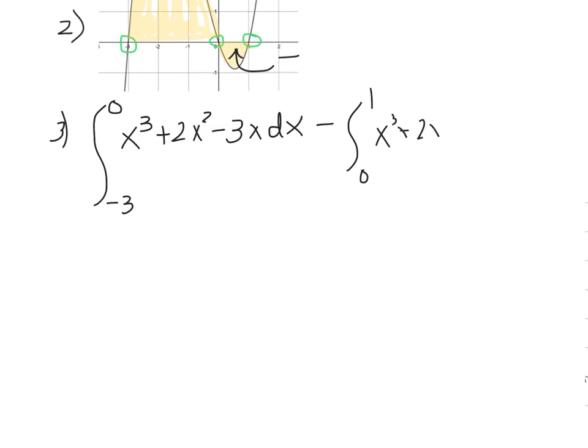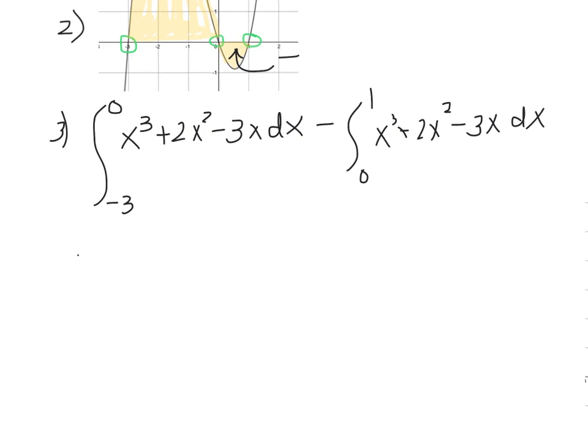That subtraction is going to cancel out the fact that the area of that section of the curve between the x-axis, between 0 and 1, that second arch, is going to be negative. Because when you subtract a negative, you end up with a positive.